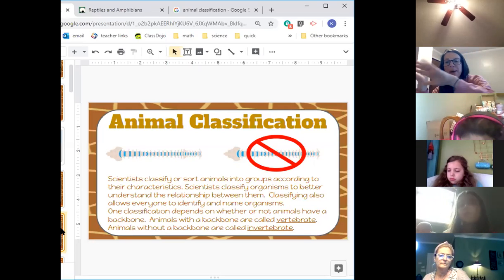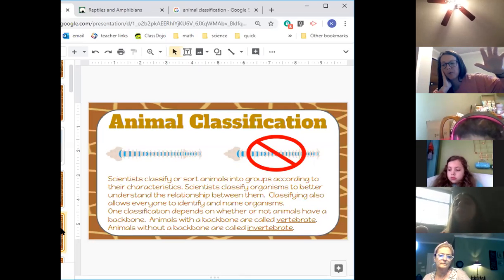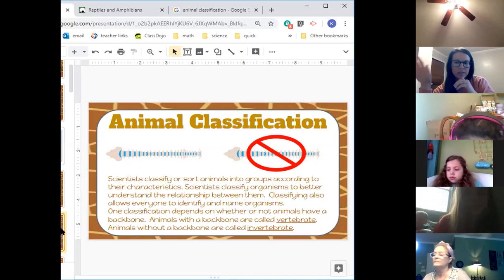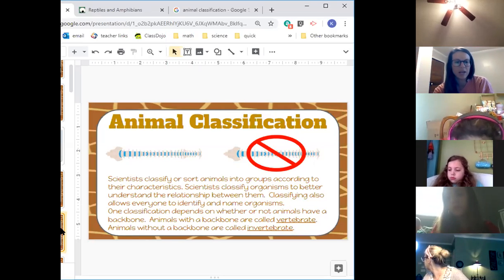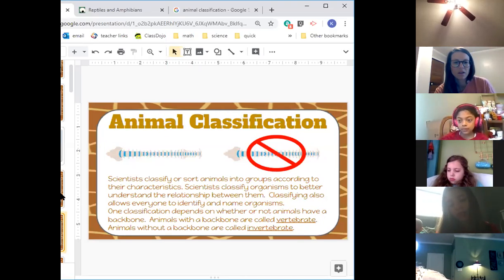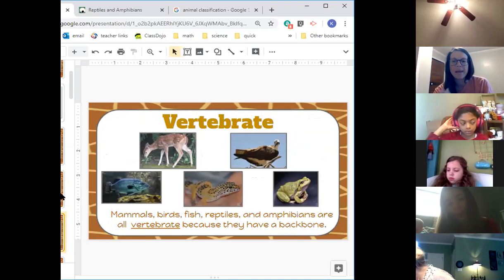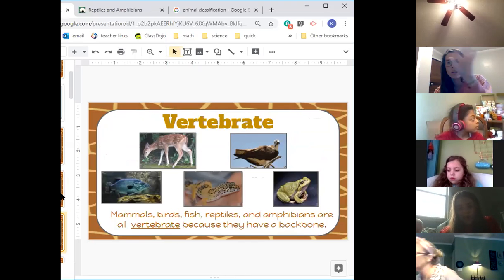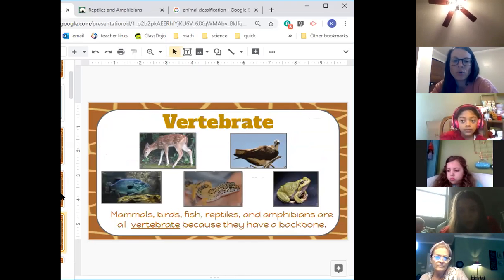If an animal has a backbone, it is called a vertebrate. If it does not have a backbone, it is called an invertebrate. So that's the 2 categories: backbone, vertebrate; no backbone, invertebrate. Mammals, birds, fish, reptiles, and amphibians are all classified into the vertebrate category because they have a backbone.